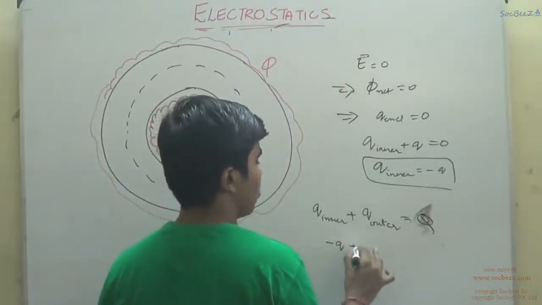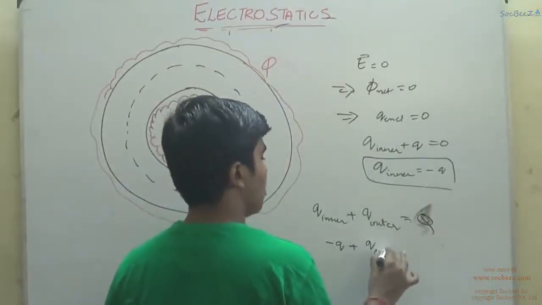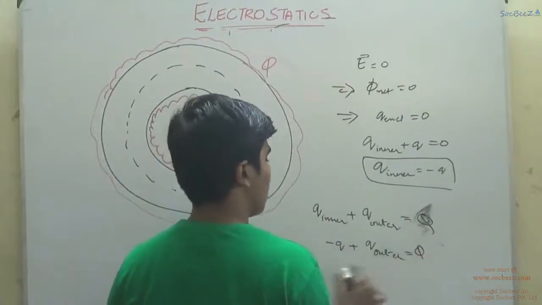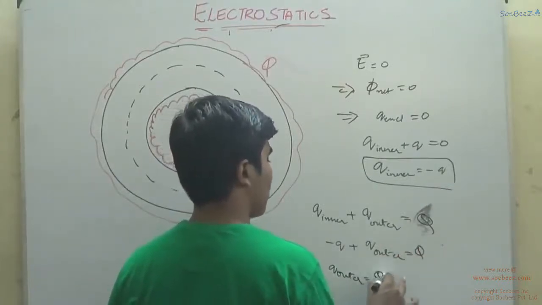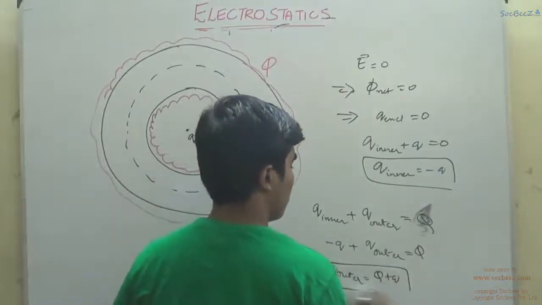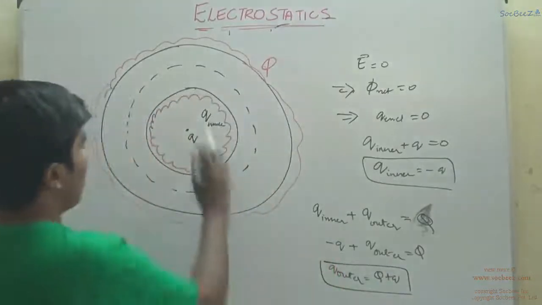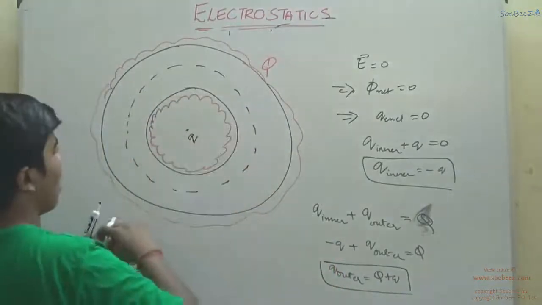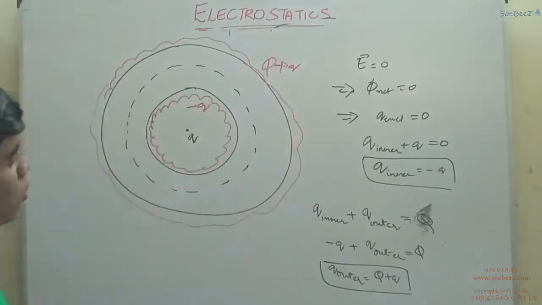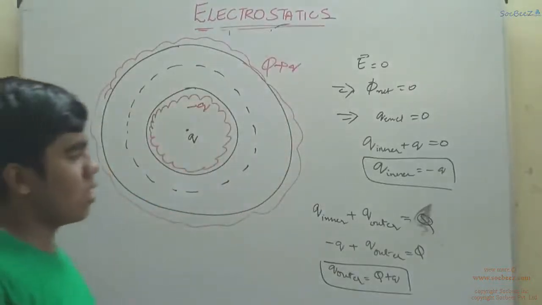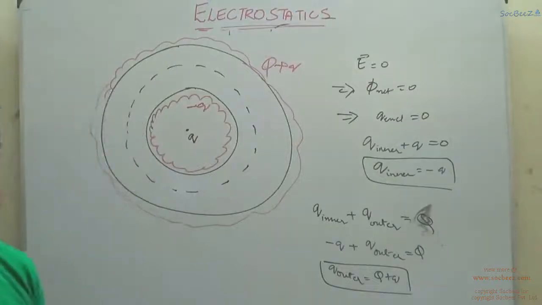Q inner is minus q, so Q outer is equal to Q plus q. So finally, it would have a negative charge of minus q on the inner surface and at the outer surface Q plus q.